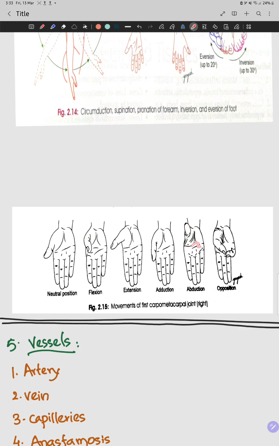Perpendicular to the plane. Here it is abduction, my hands are paining. Here it is adduction, the opposite one. Remember this one. Neutral position and adduction are not the same. In the neutral position, there is a little angle from the normal position, but adduction is bringing the thumb close towards the index finger.